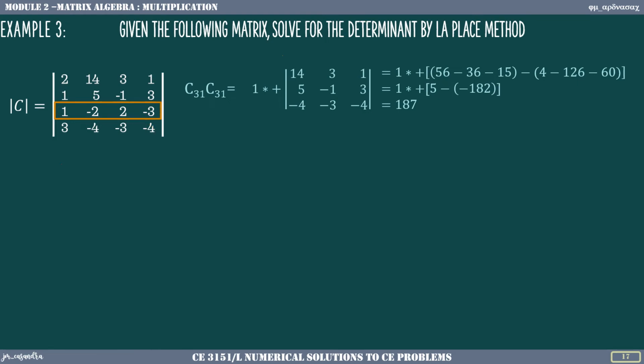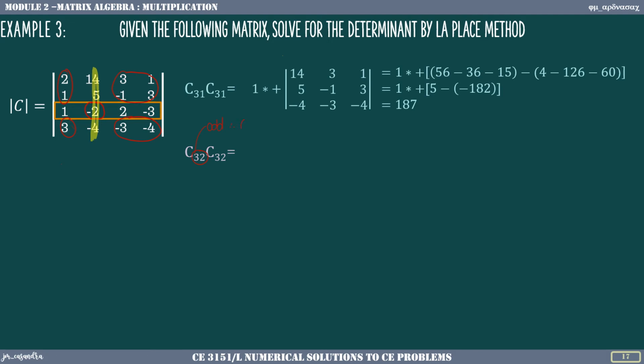So next, we move to the second element, 32. Then eliminate its column, and we're going to use its minor matrix. 3 plus 2 is odd.